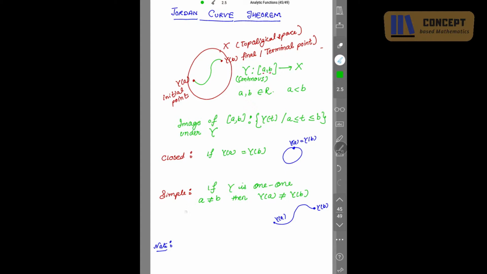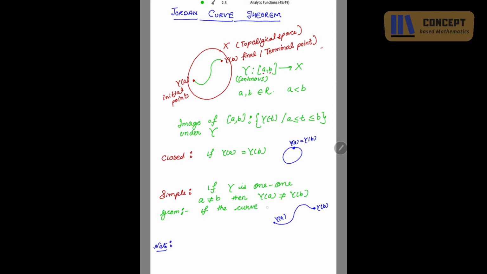So the geometric view for the simple curve is that if the curve does not intersect itself, then the curve is said to be simple.